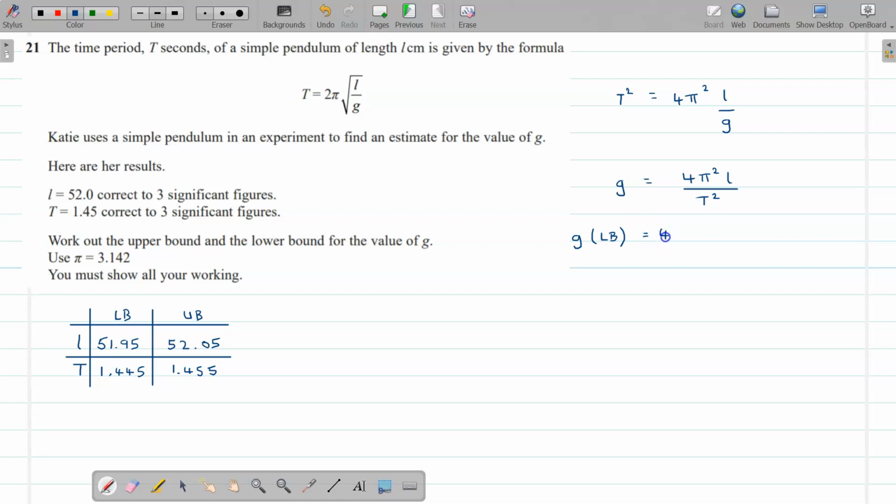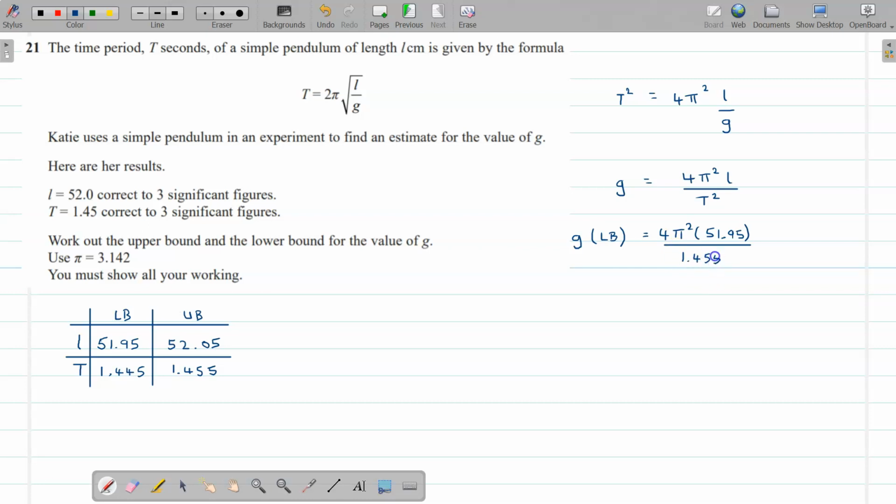So that's going to be 4 pi squared times the smallest possible L, which is 51.95, divided by the largest possible T squared, which is going to be 1.455 squared.